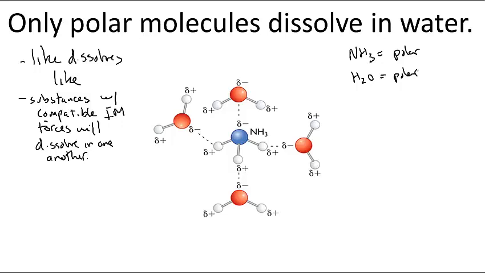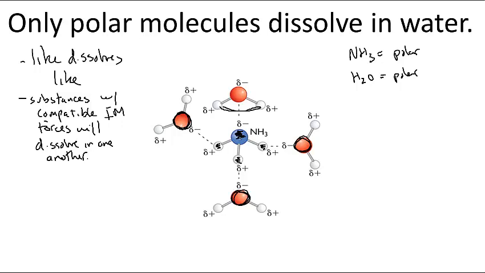If you look at the way the water molecules surround the ammonia, the NH3, the partially negative parts of the water are attracted to the partially positive parts of ammonia. Positives and negatives attract. The partially positive part of water is attracted to the partially negative part of ammonia.